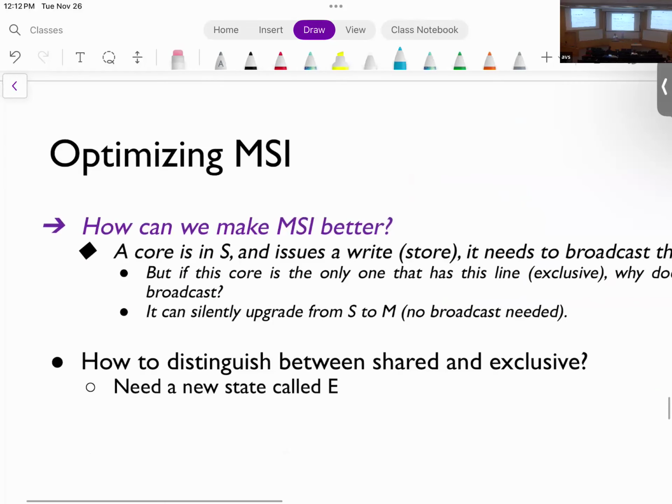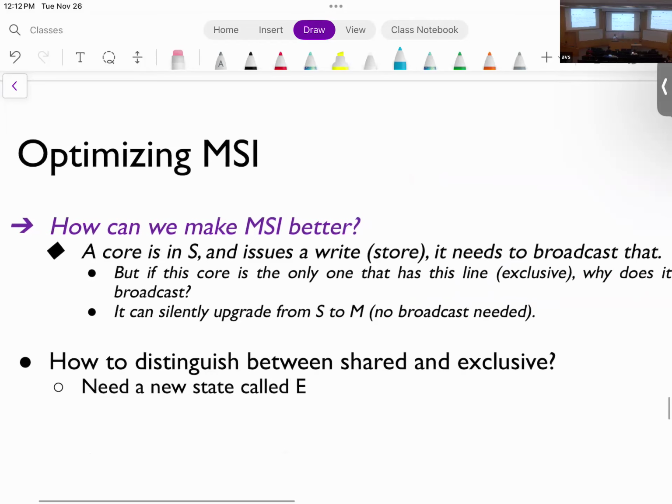Then we started talking about optimizing MSI, and I told you that there's going to be 3 states. The very last thing that we said last time was the E state, the exclusive state. The reason for having an exclusive state was, if one cache is in the S state, but it's the only cache that has the valid copy of the data, if they want to modify it, they can switch from the S state to an M state without announcing it to anyone else, because there are no other cores that have this data, so there's no point of announcing it.